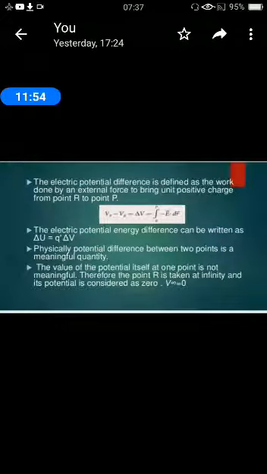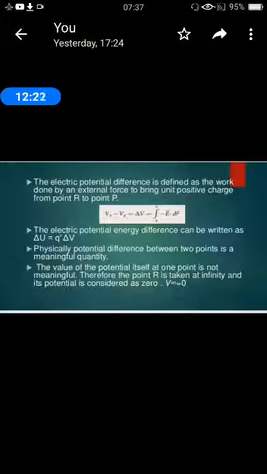Electric potential difference is defined as the work done by an external force to bring a unit positive charge from the point R to the point P towards the source charge Q. So Vp minus Vr is equal to delta V, which is equal to integral of R to P of minus E vector dot dr vector.